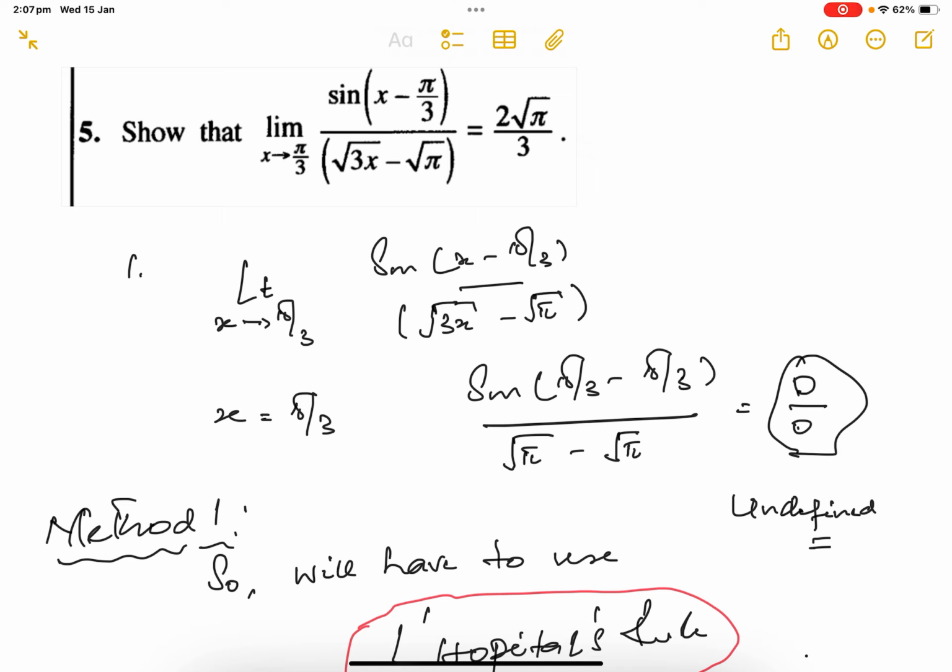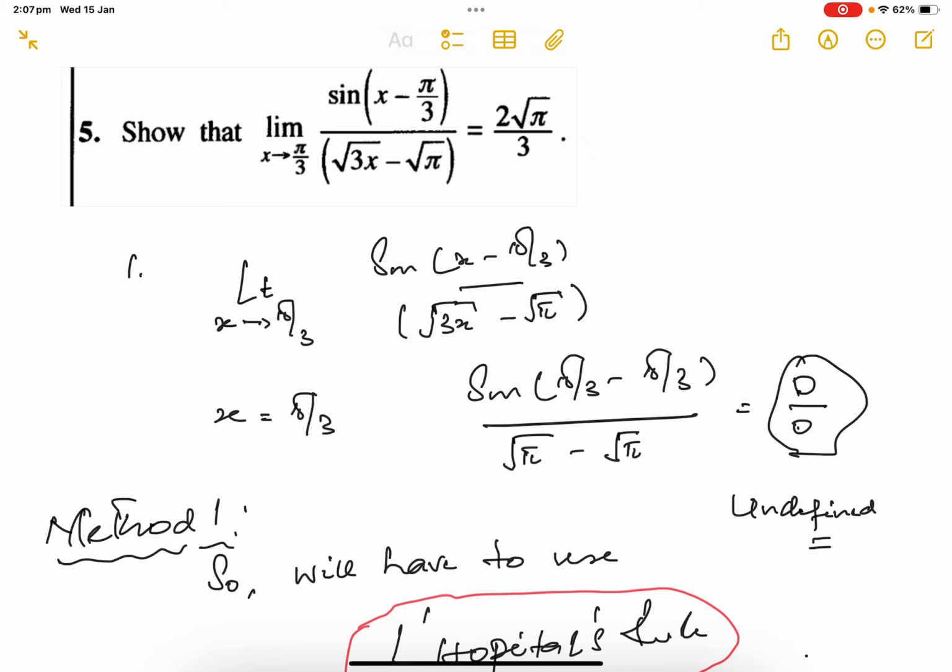If you could substitute that value, x equal to pi by 3, into the numerator and denominator, see what we end up with. Sine of pi by 3 minus pi by 3, so pi by 3 minus pi by 3 is 0.